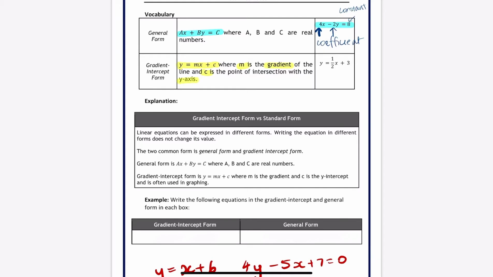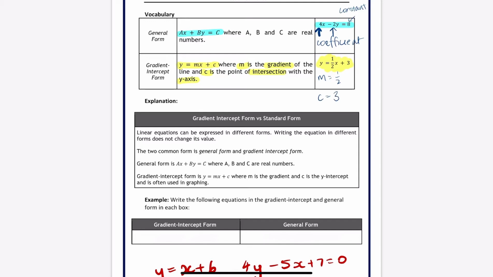In this example, our gradient equals 1/2, and our y-intercept, or c, our constant, is 3.